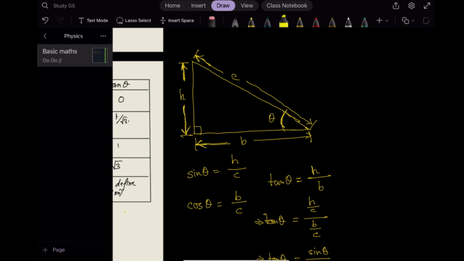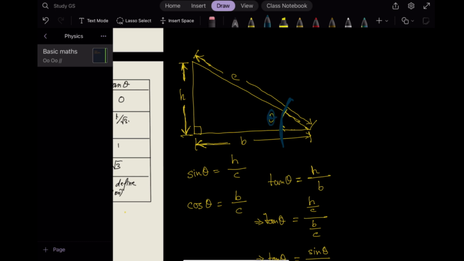In this triangle, h represents the height, c represents the hypotenuse, and b represents the base of the triangle, and theta represents this particular angle.